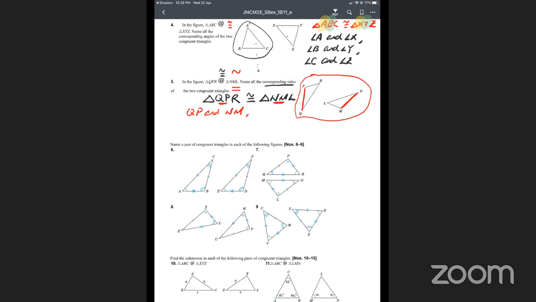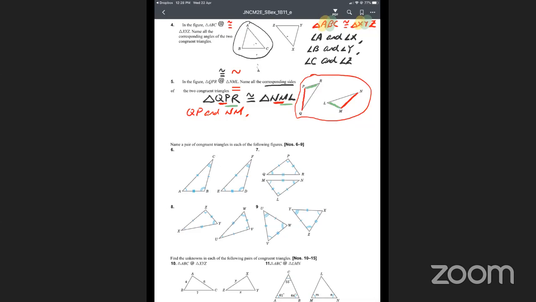And then actually we can just look at the names of the triangle given, by getting the other corresponding sides. The next one, you can look will be PR, the last two. Then it means PR should correspond to ML. And then you can double check in your figure, PR is this length, and then ML is here.